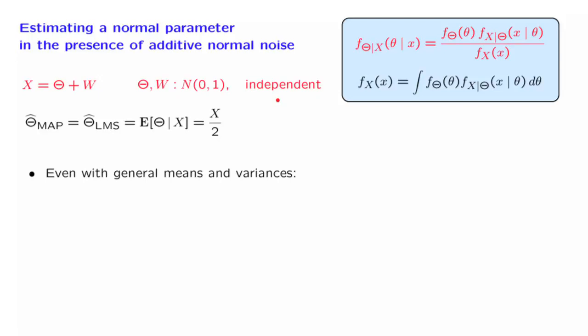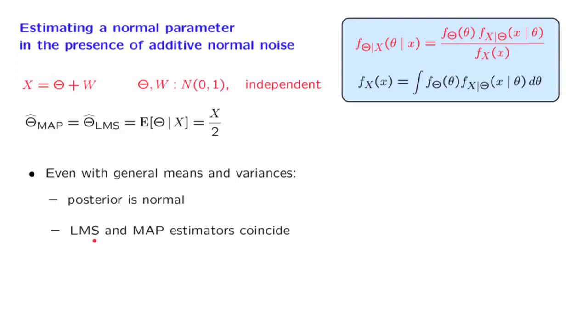You should be able to verify on your own, by repeating the calculations that we just carried out, that the posterior distribution of theta will still be normal, and since it is normal, the peak of the distribution is the same as the expected value, so the expected value or least mean squares estimator coincides with the maximum a posteriori probability estimator. And finally, although this formula will not be exactly true, there will be a similar formula for the estimators, namely the estimator will turn out to be a linear function of the measurements.